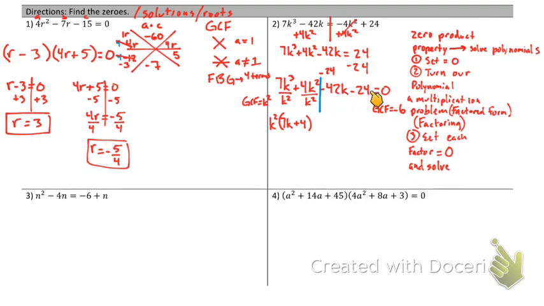So do they have a variable in common? No. So my GCF is negative 6. So this gives me 7k, positive 7k, plus 4, in parentheses, negative 6 is my GCF. To know if you're doing it right, check the parentheses. They should be identical, which they are. So now I'm going to go ahead and regroup. So the GCFs go in one parentheses, k squared minus 6.